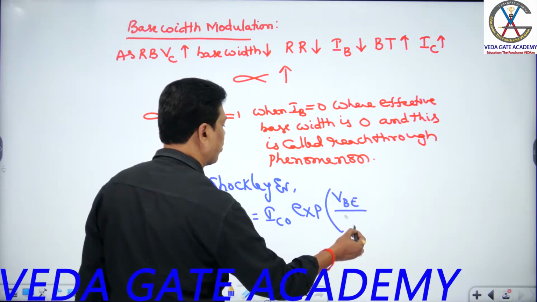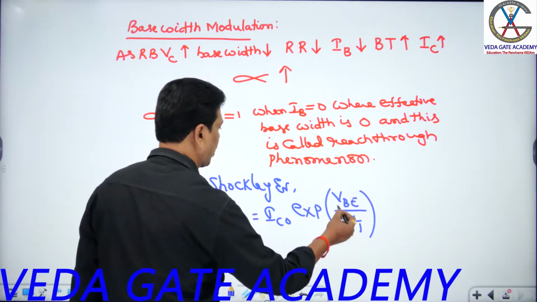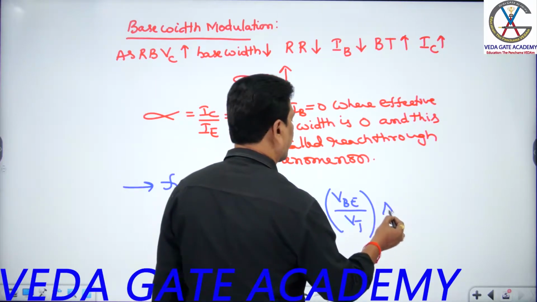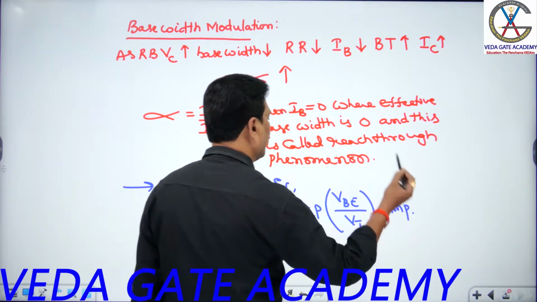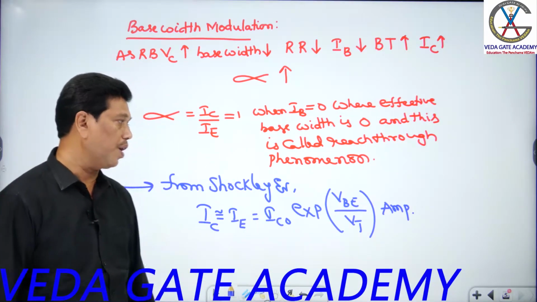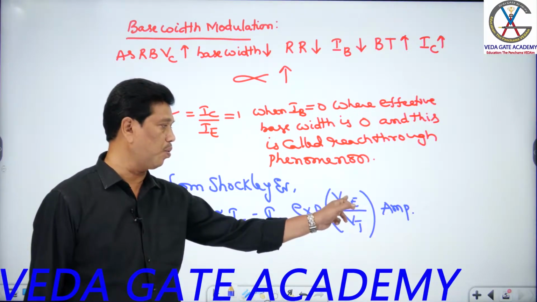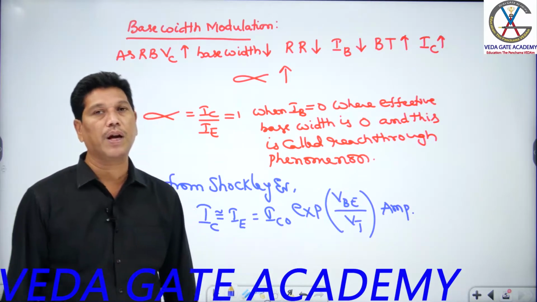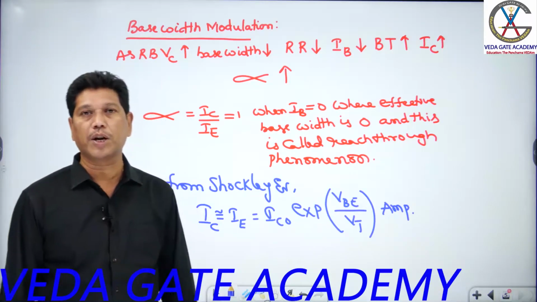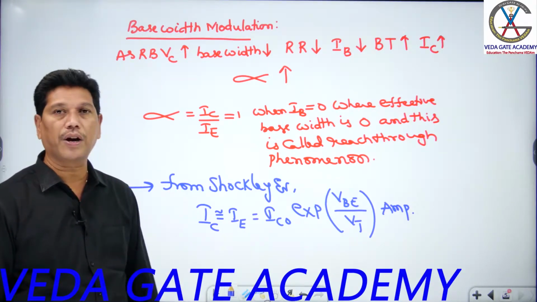If it is common base, you write emitter to base; for common emitter, you write base to emitter voltage. Here you can take the ideality factor to be 1. VEB is the forward voltage drop across the input junction, and IC naught is the minority saturation current.